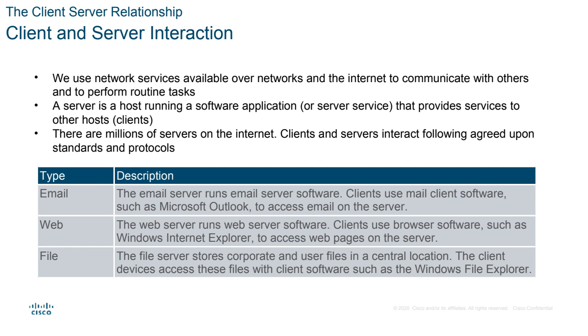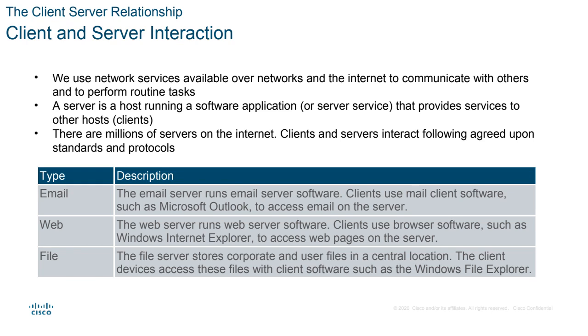And we have millions of servers on the internet. These clients and servers interact following some standards and protocols. These are examples of servers on the internet. Email: the email server runs email server software, and the client uses email client software to access their email.